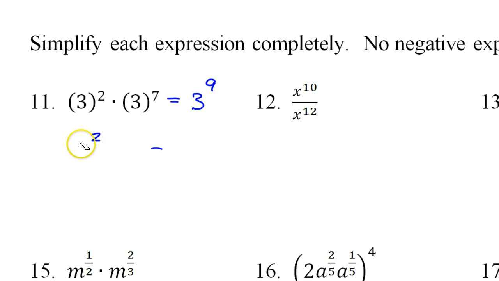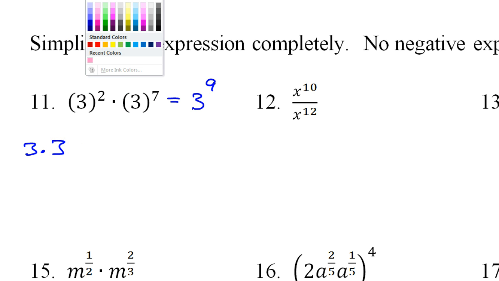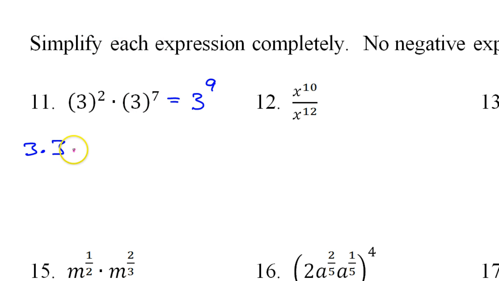Okay, and if you really want to understand why that is, then just remember 3 squared is 3 times 3. So there's your 3 squared. And remember that 3 to the 7th power is, let's see, 1, 2, 3, 4, 5, 6, 7. Whoops, I put a 7. Yeah, so that's 3 to the 7th power.